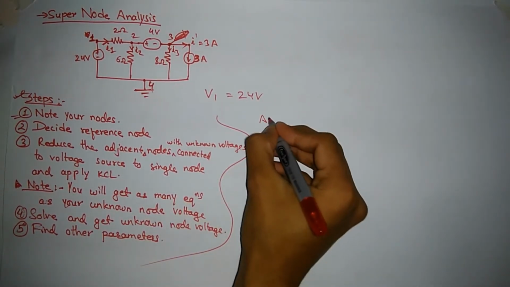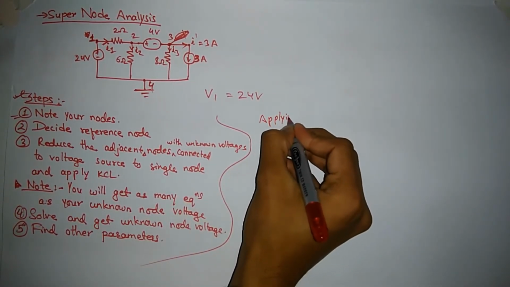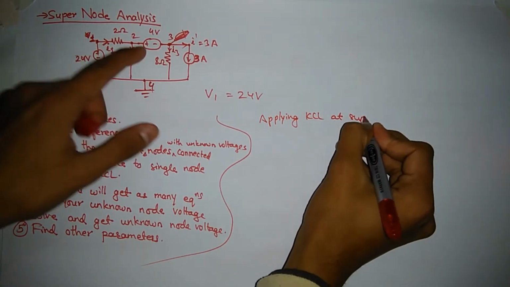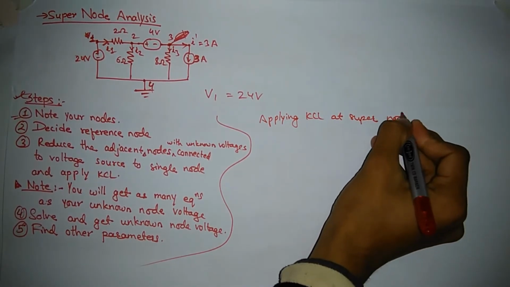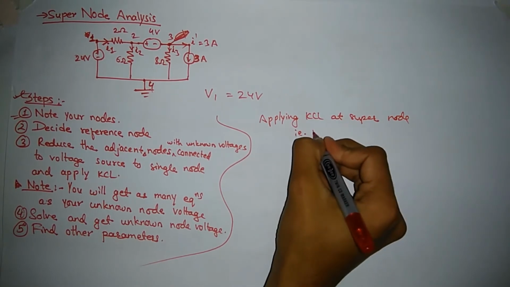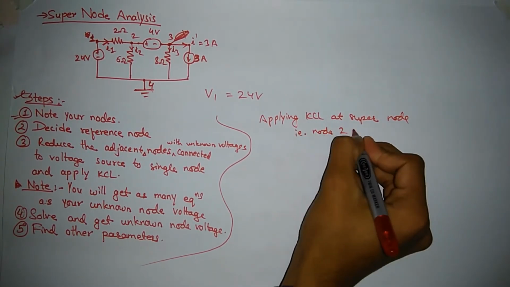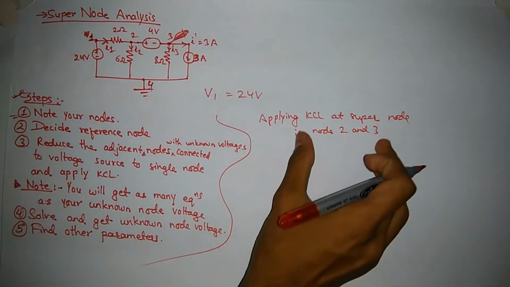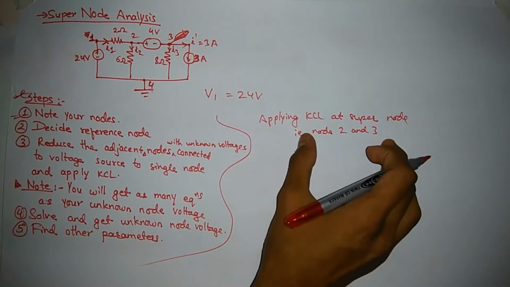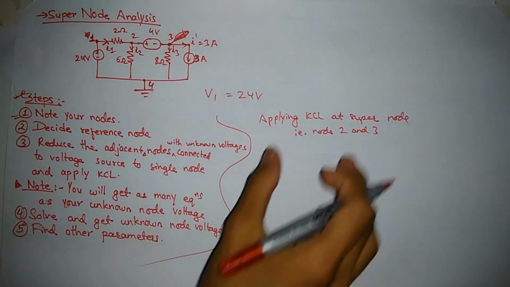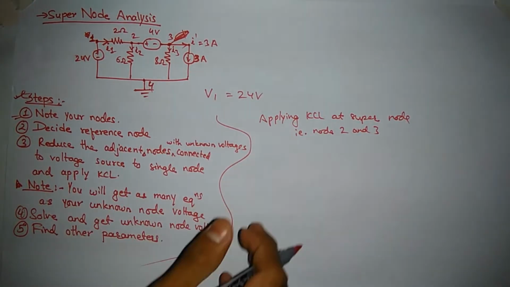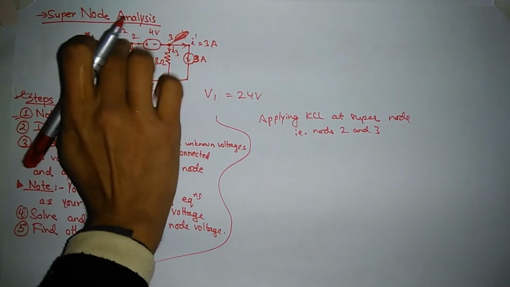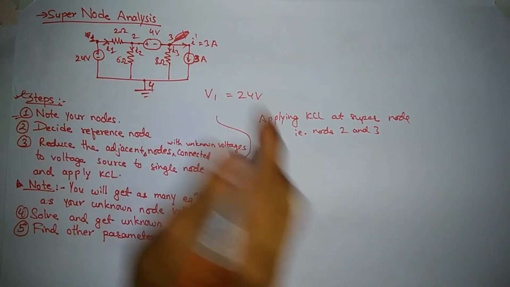Applying KCL at the supernode, this is my supernode, that is node 2 and 3.